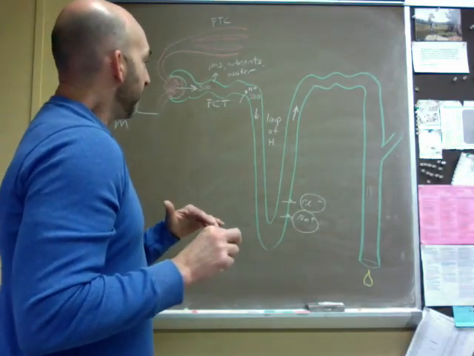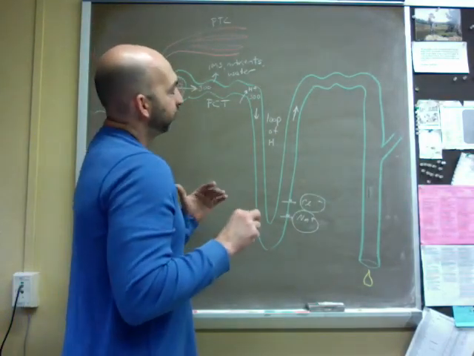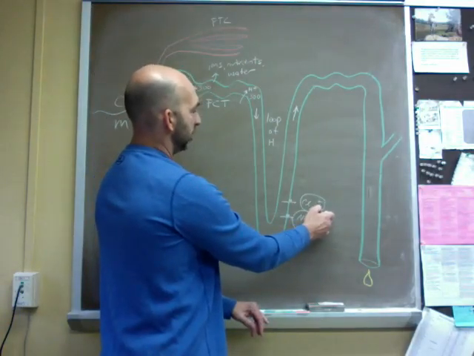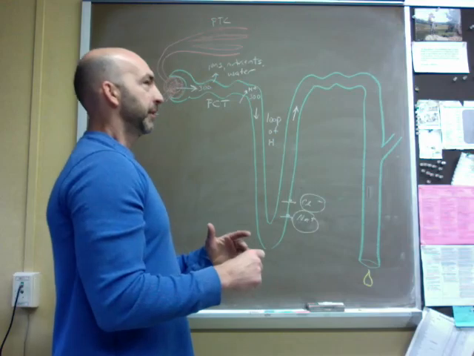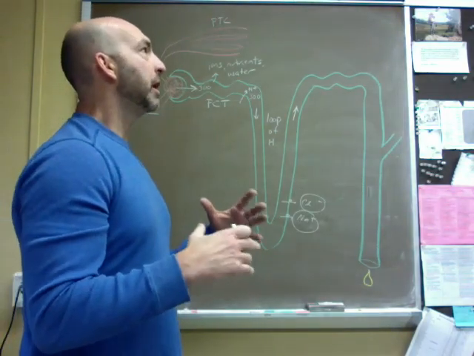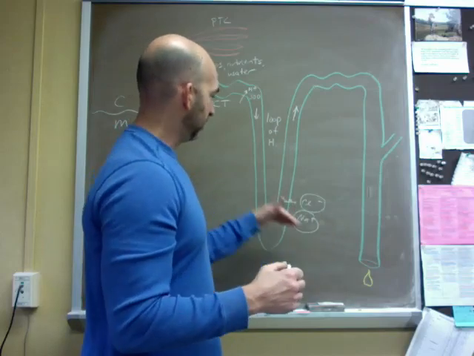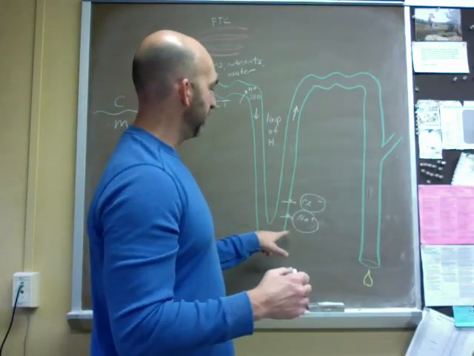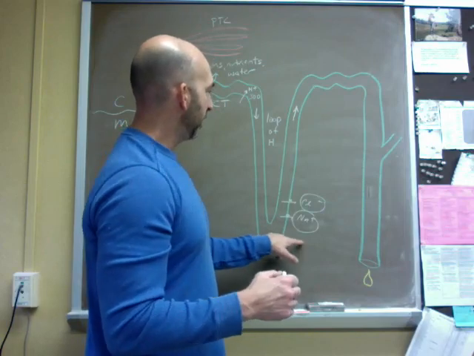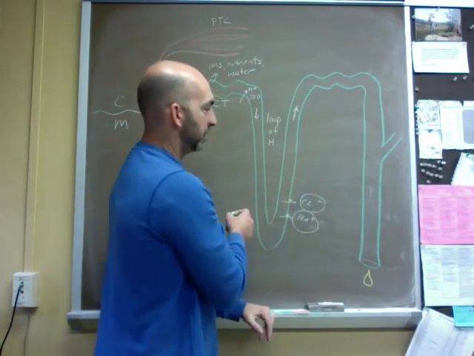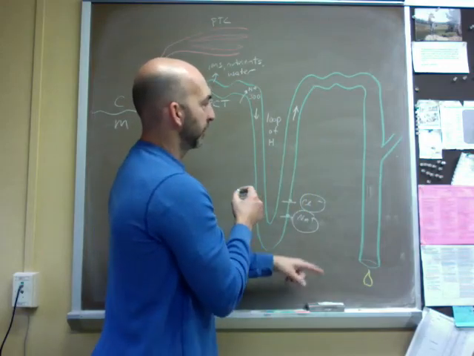Now, that means, and what's going to happen is we make the interstitium saltier, essentially. And that's going to happen like in a non-linear fashion. In other words, we're going to transport more salt towards the base of the loop than up here at the very end of it. And so we end up with a gradient of solutes in the interstitium.